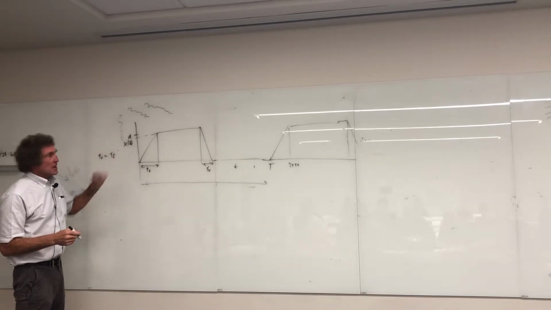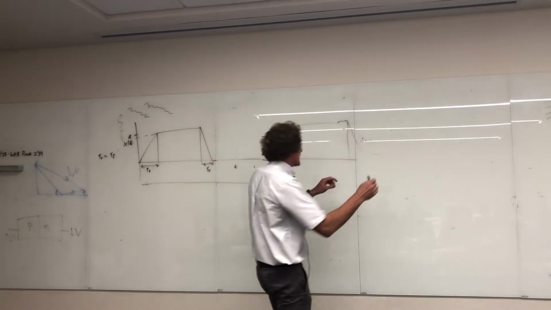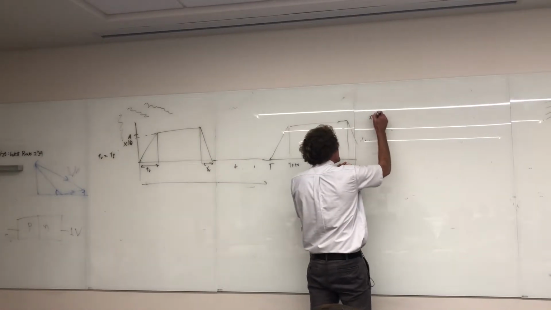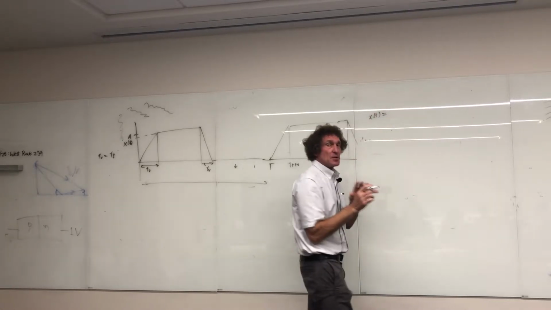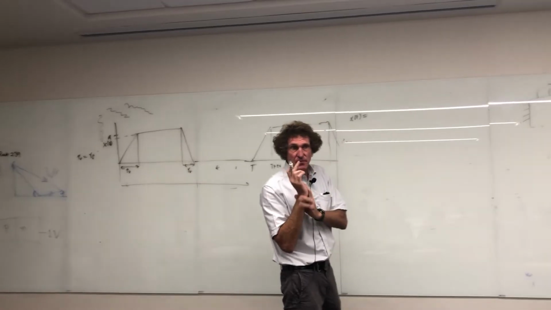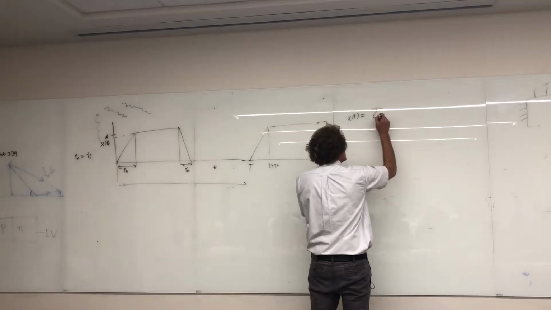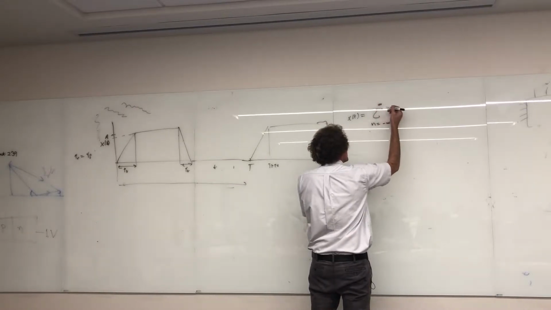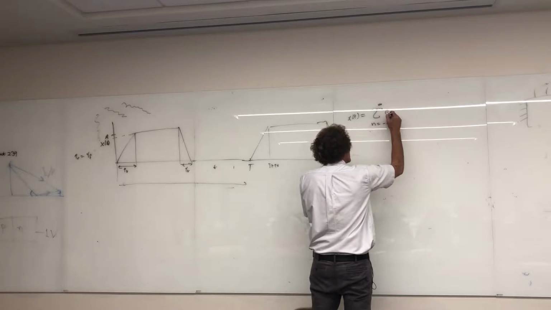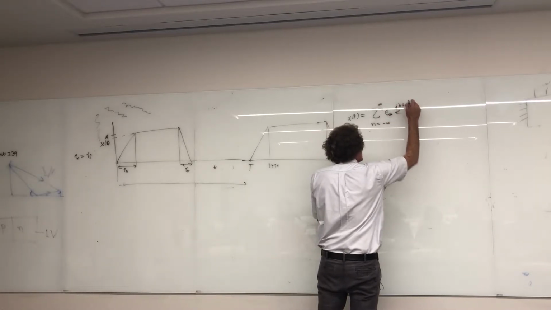All right, now with that one, I said because it is periodic, I can say that this waveform, x of t, can be given as a Fourier series. I'm going to use the exponential Fourier series for a very important reason. Please listen to me. So x of t generally is equal to the summation of n equals minus infinity to infinity of c of n times e to the j n omega naught t.